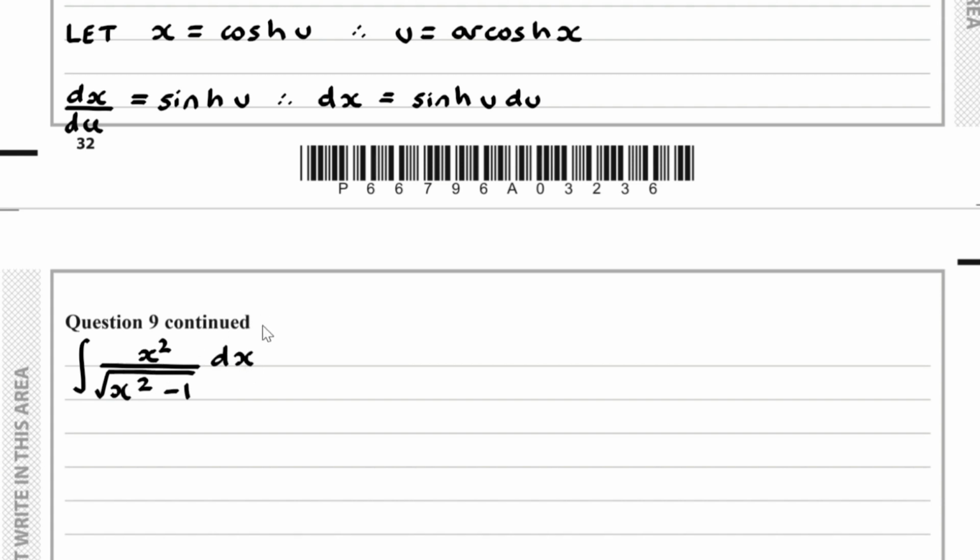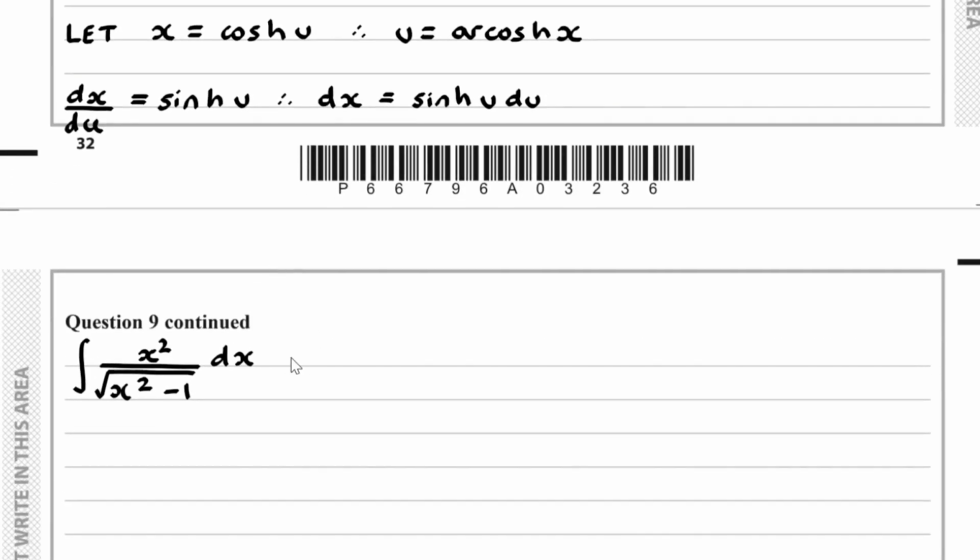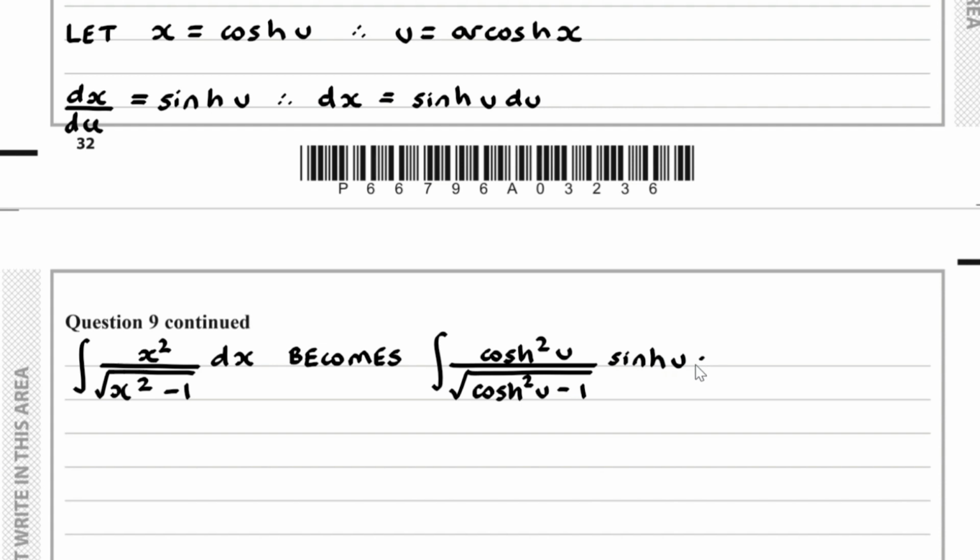And if we replace the variable x with hyperbolic cosine of u, this integral would become the integral, well, we have x squared, so that's hyperbolic cosine squared of u, over hyperbolic cosine squared of u minus 1 square rooted, and then dx we've said is hyperbolic sine of u du.